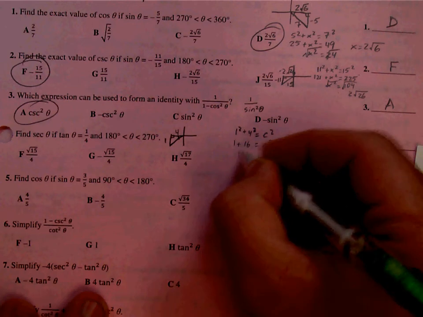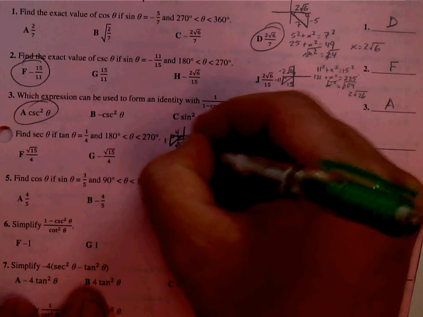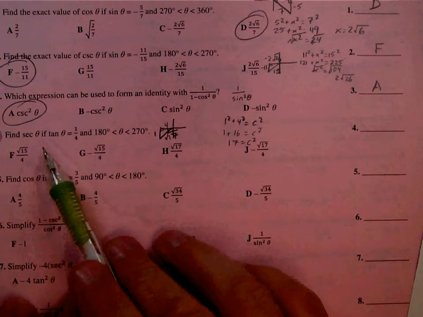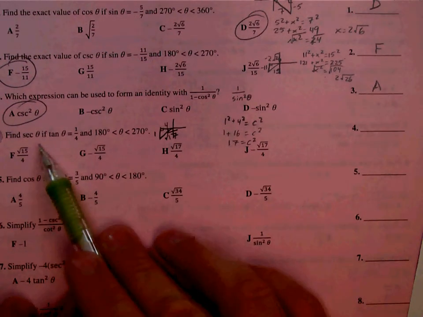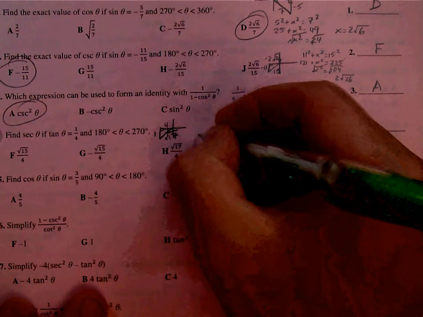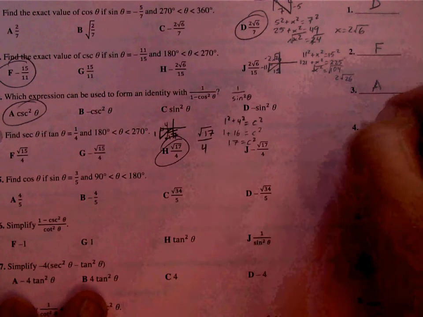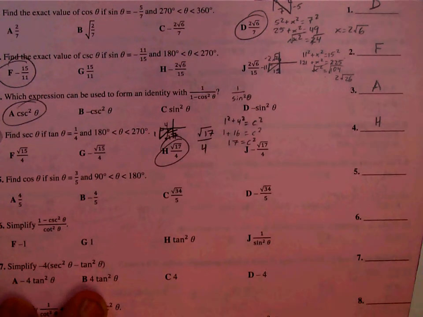So 17 is equal to c squared. So c would have to be square root of 17. And it's asking for secant. We know secant is the reciprocal of cosine. So instead of adjacent over hypotenuse, it's hypotenuse over adjacent, square root of 17 over 4. That's H.